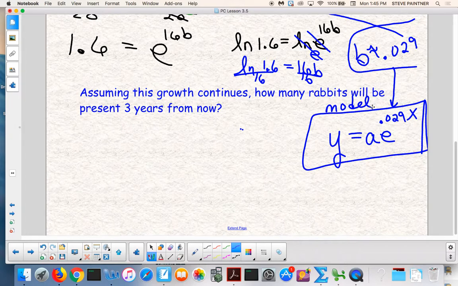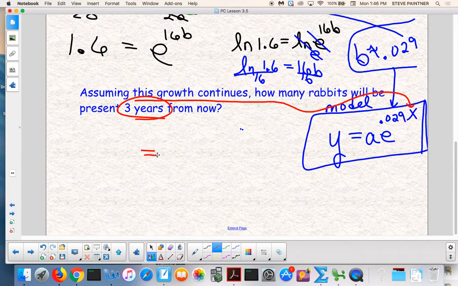Okay, ready? Assuming the growth rate doesn't change, how many rabbits will there be after 3 years go by? Well, that's time. Where do I put 3? Right there, right?